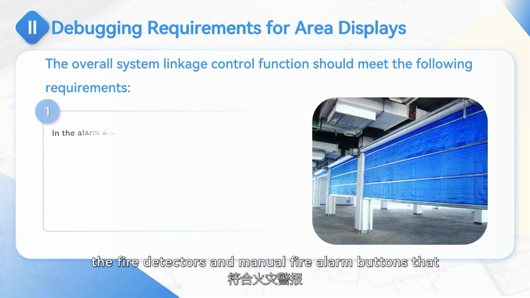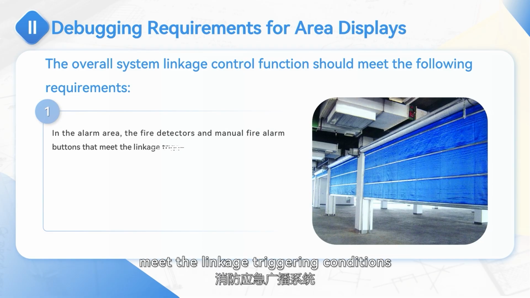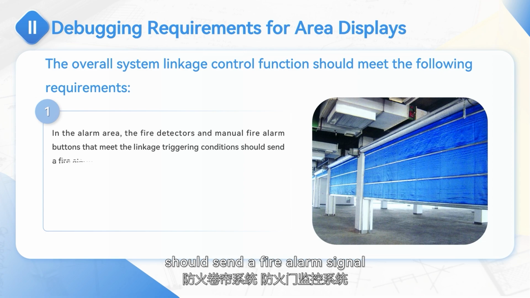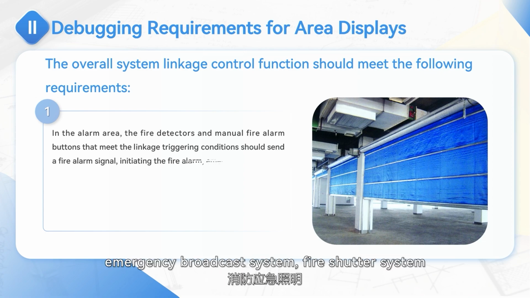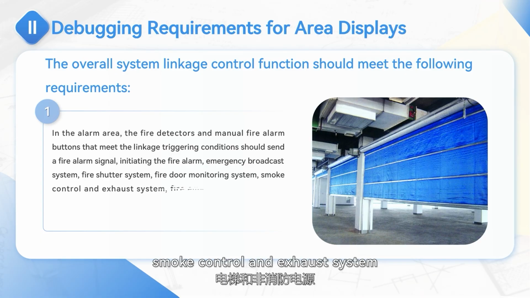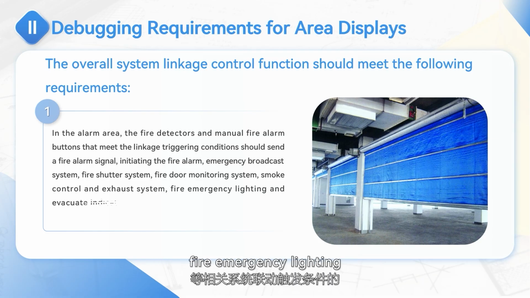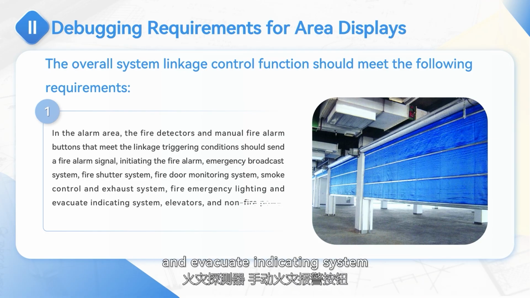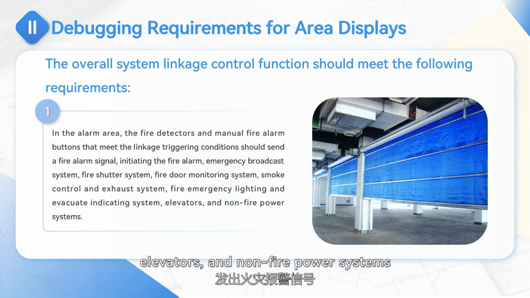1. In the alarm area, the fire detectors and manual fire alarm buttons that meet the linkage triggering conditions should send a fire alarm signal, initiating the fire alarm, emergency broadcast system, fire shutter system, fire door monitoring system, smoke control and exhaust system, fire emergency lighting and evacuate indicating system, elevators, and non-fire power systems. 2.